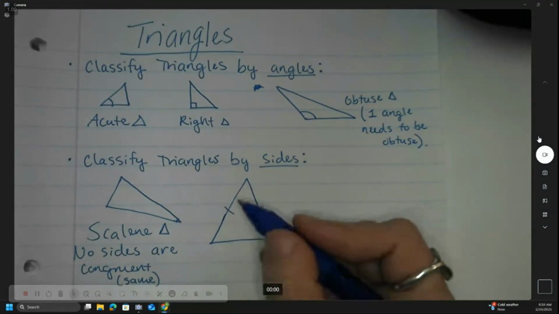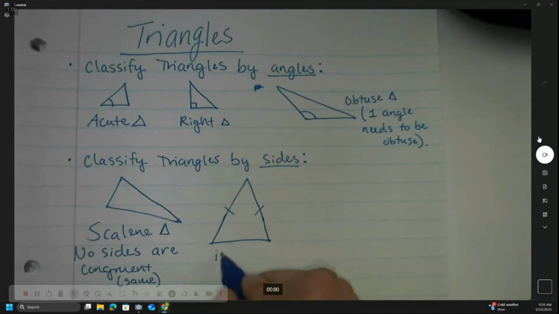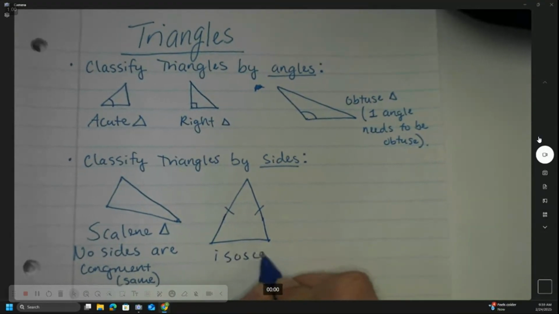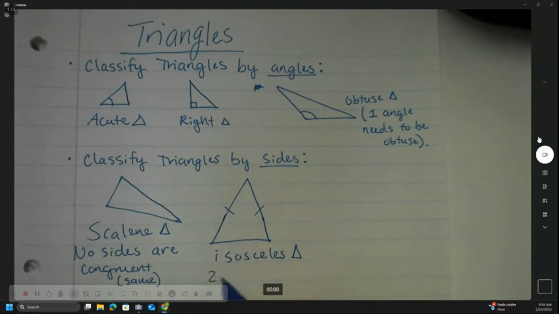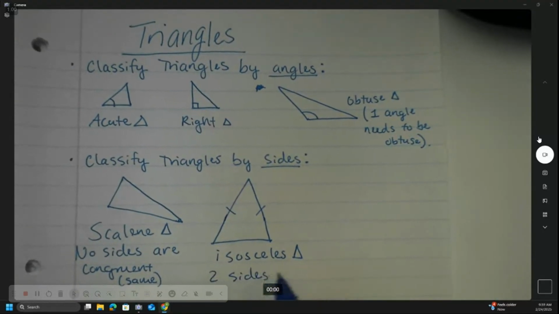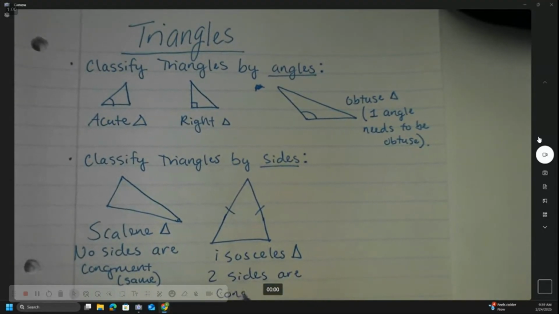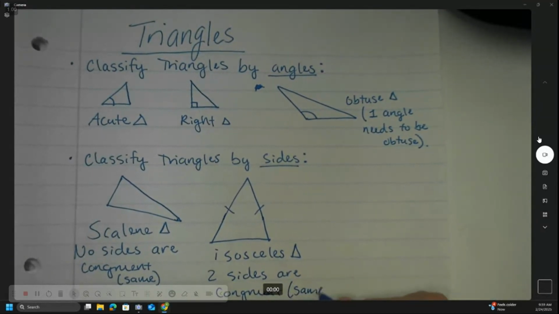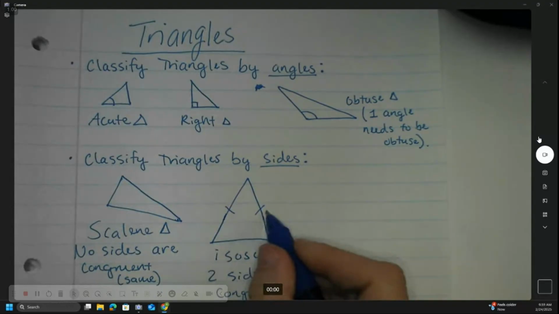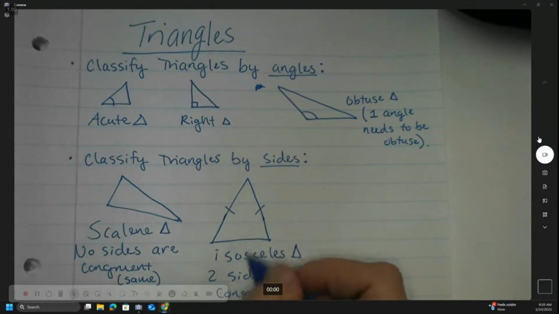When there are two sides that are congruent, it's called an isosceles. Again, nothing new to you guys. You should know that this is an isosceles triangle, where two sides are congruent. Again, that means they are the same length. So if this side's 10 inches, this side's 10 inches. This one might be 6.